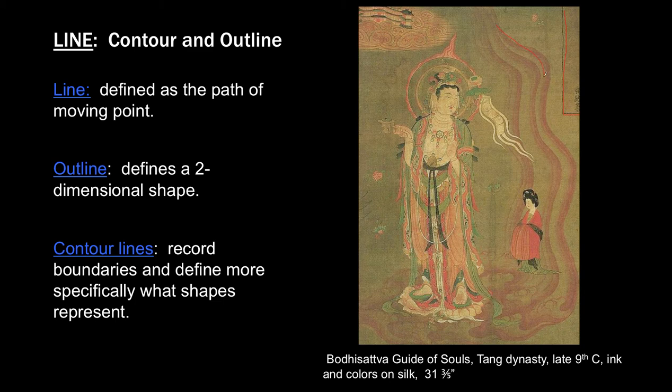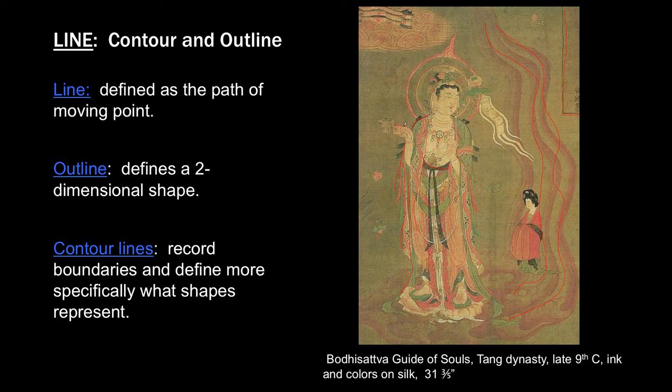Implied line, which we'll be talking about in just a minute. The implication that this is probably water. Contour line, those lines that I like to say hug the shape.